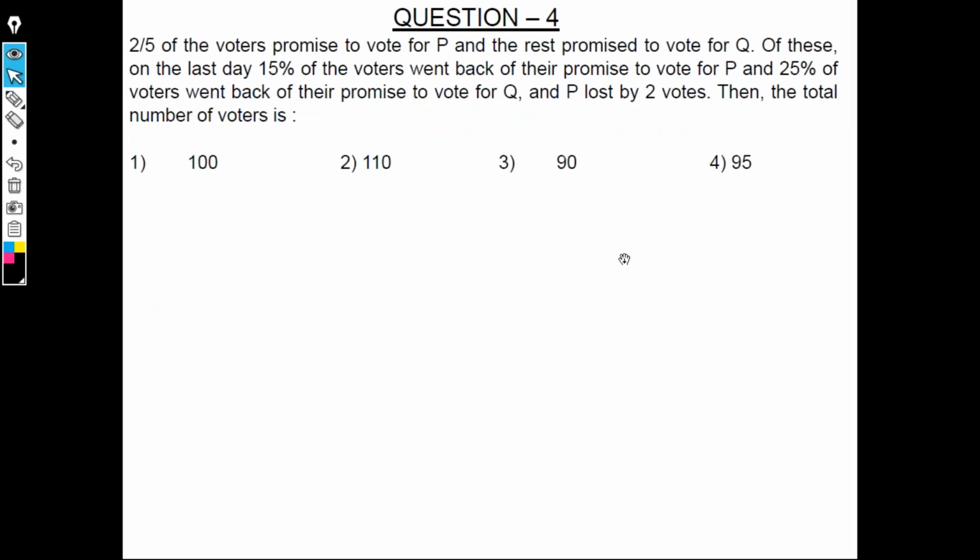Okay, guys, now solve it. I require the correct answer from each and every student, so solve it carefully.